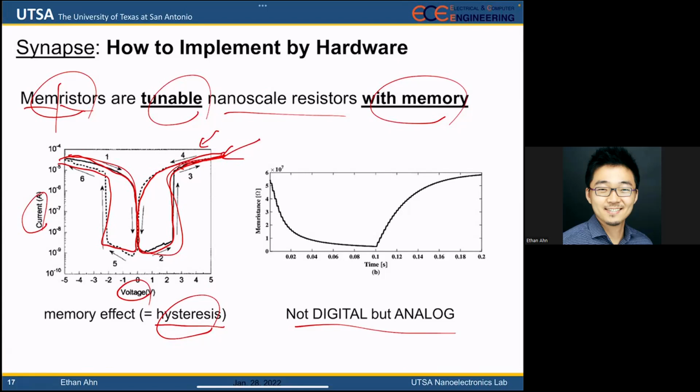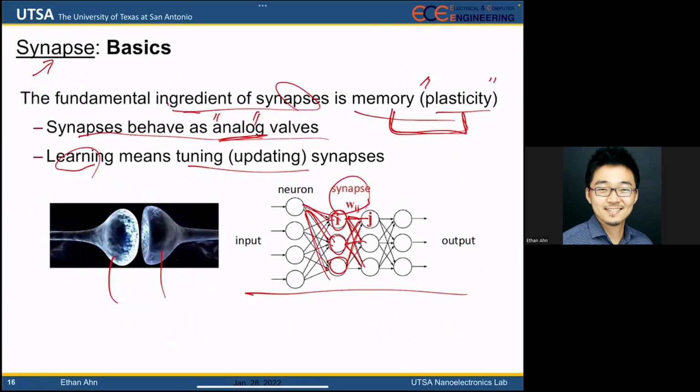If you look at any device's resistance or conductance, you should be able to modulate it on a gradual scale, not like 1 and 0, not binary, but get those resistance or conductance values in an analog way, so that it can represent this weight, the synapse or the connection strength between neurons.